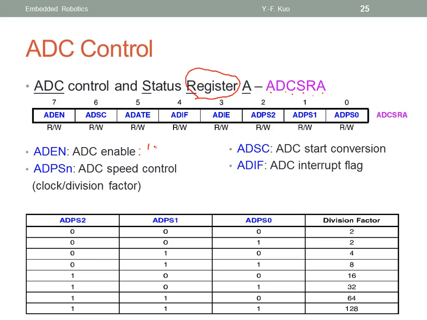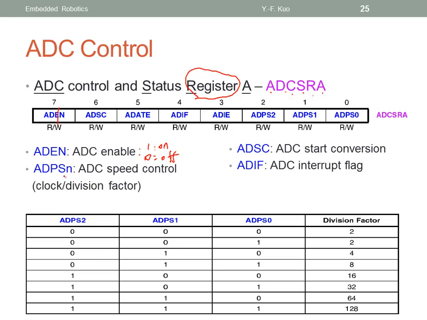If it is 1, that means the ADC is on, or enabled, in the ready mode. And if you write 0 into it, then it is off. So definitely, if we want to use the ADC, we write 1 in this bit.